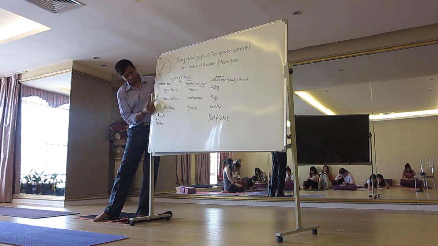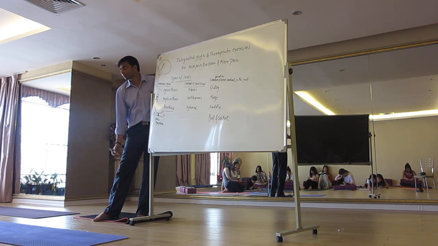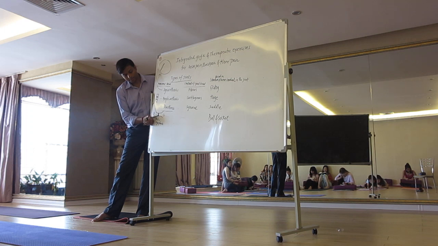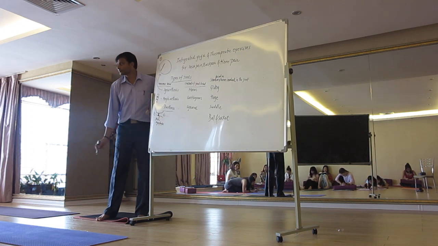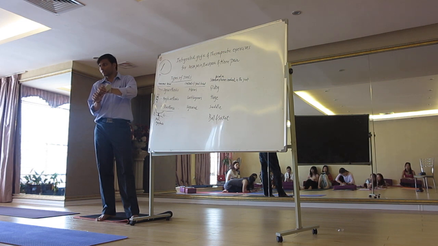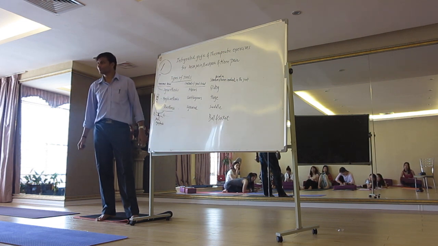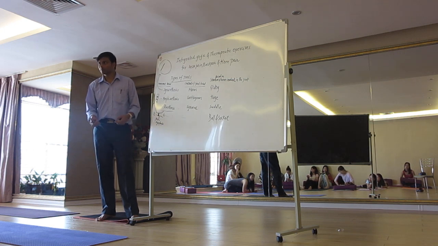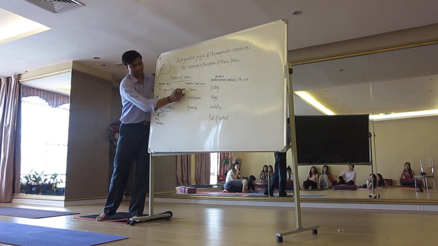This is also fibrous tissue at the pubic symphysis. Able to understand? That's very tight fibrous tissue. That's why there is not much movement.